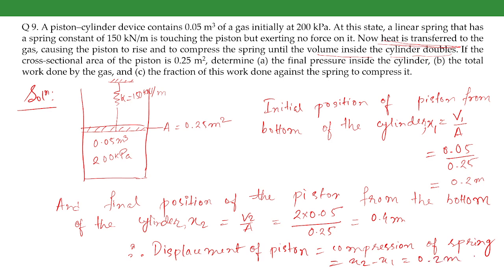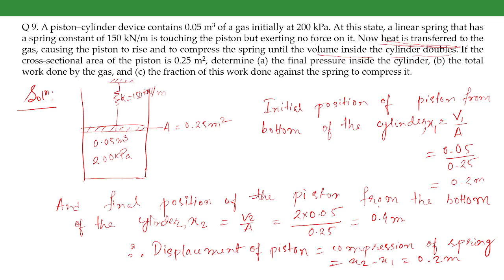Now we are assuming that the spring has a linear relationship with the displacement, that is, the force that the spring will apply is a linear function of the compression of the spring. So considering a linear spring, the spring force acting, let us denote it as Fs, will be K into delta x.